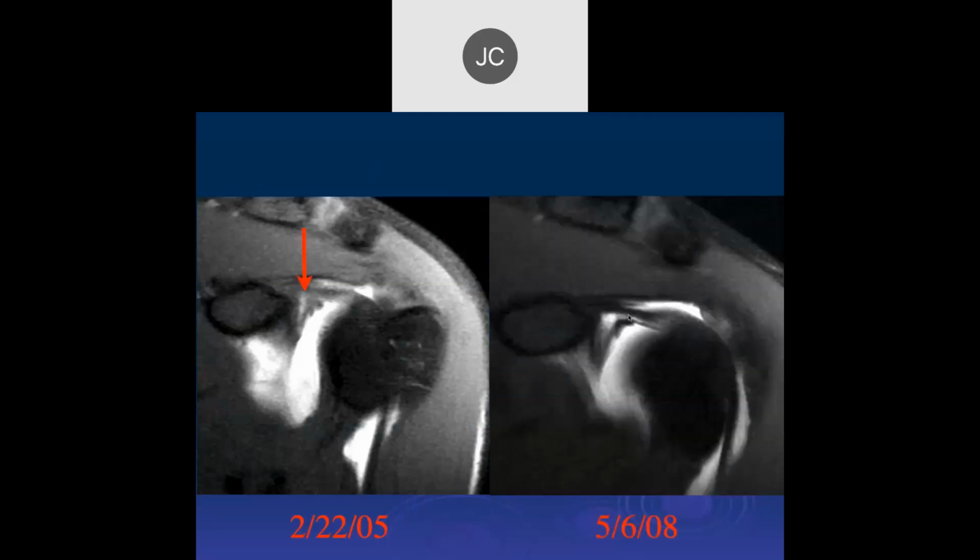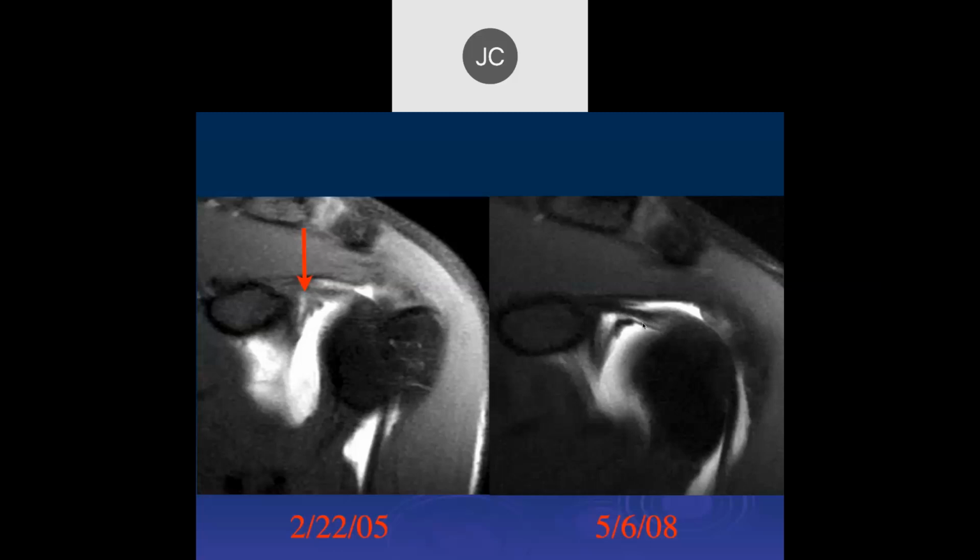This was in 2005. And if we come to 2008, what we see is that there is a change here. And now we're seeing contrast in this area. And we're actually seeing contrast going longitudinally along the longitudinal tear in the biceps.